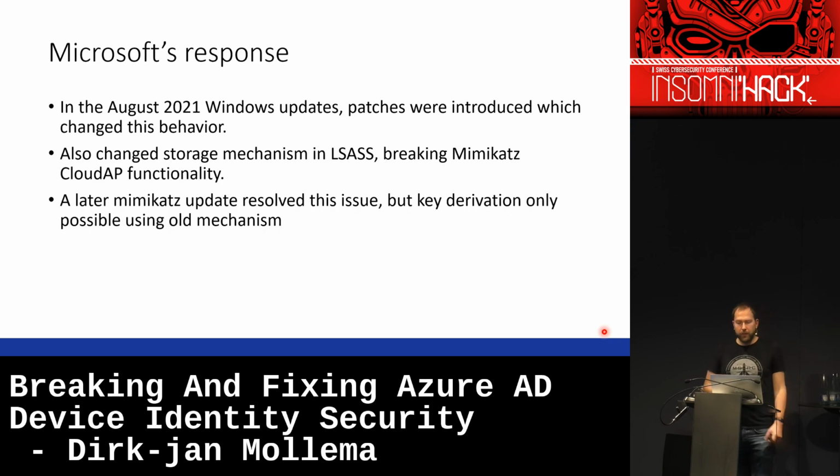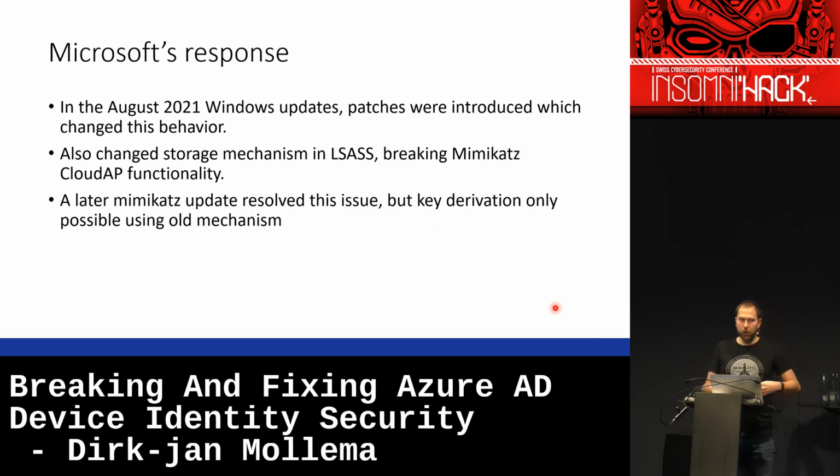So there was quite a flaw with this, of course, and Microsoft responded to that by basically changing the behavior of this. So they made some changes in the whole PRT signing flow. They also changed the storage mechanism, which broke the Cloud AP functionality in Mimikatz for a while. Nowadays it's working again, so you can dump the PRT again in Mimikatz, but you cannot do the new version of the key derivation function.